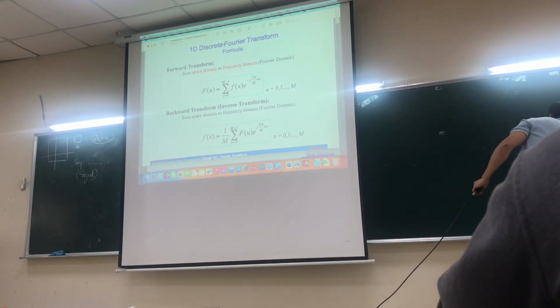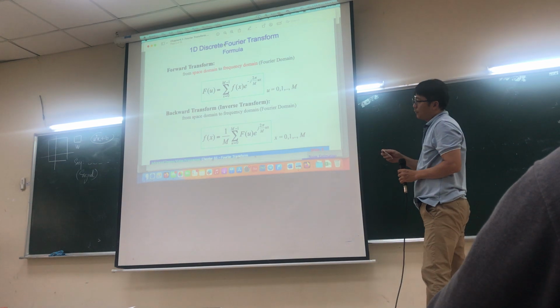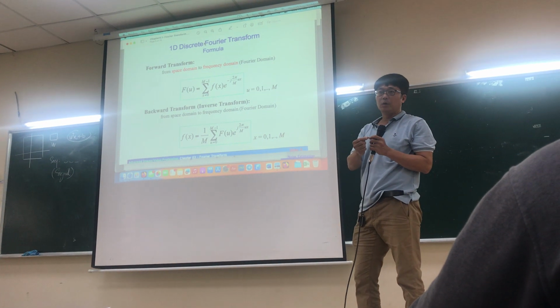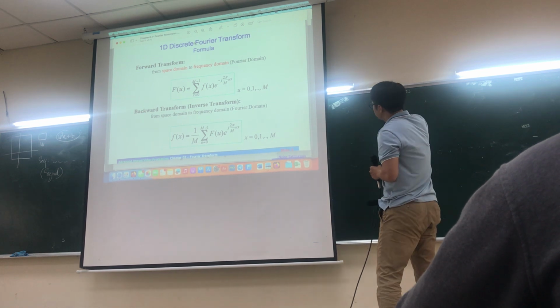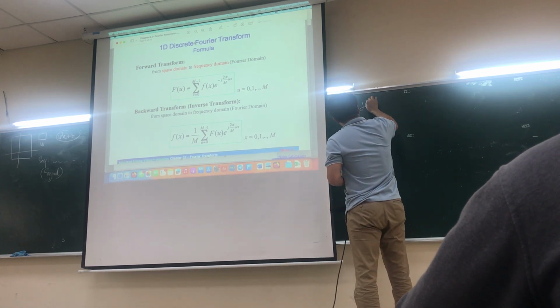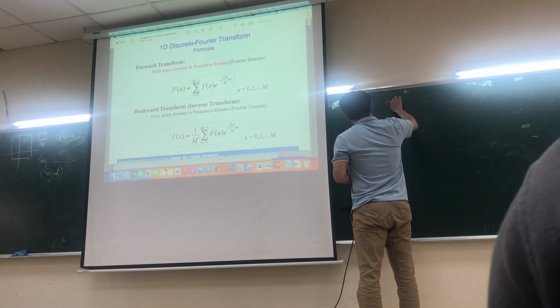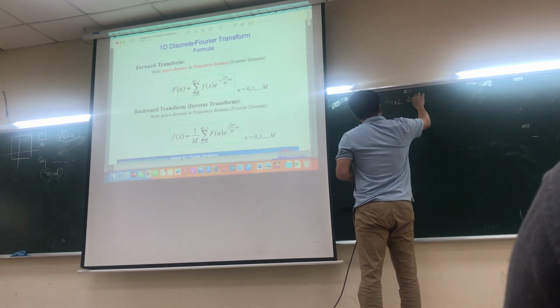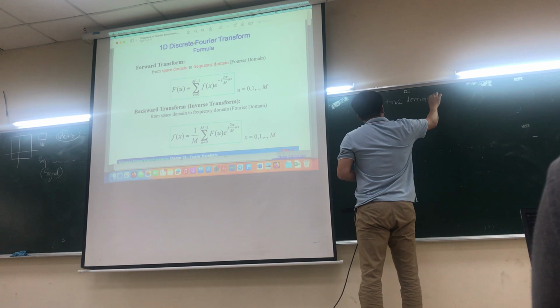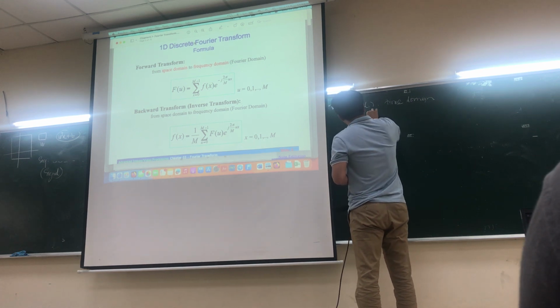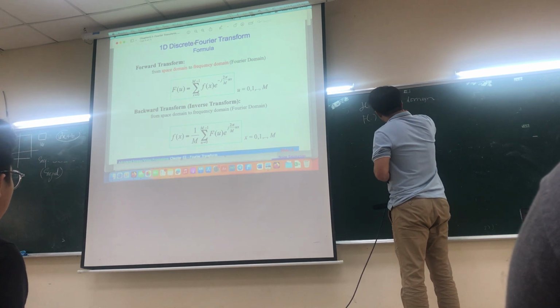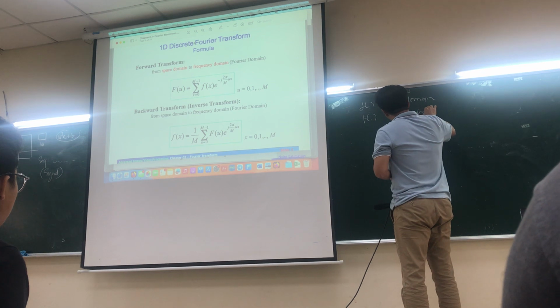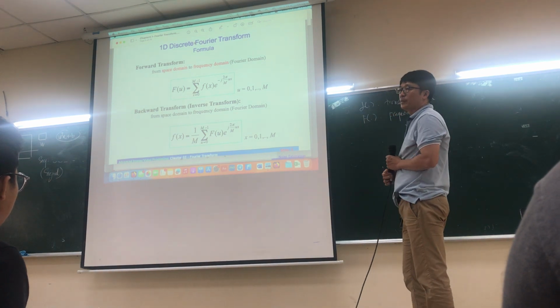Now with 1D first, right? 1D first, because for an image in 2D, we go row by row, column by column. So you have f in the time domain, and here uppercase F in the frequency domain.